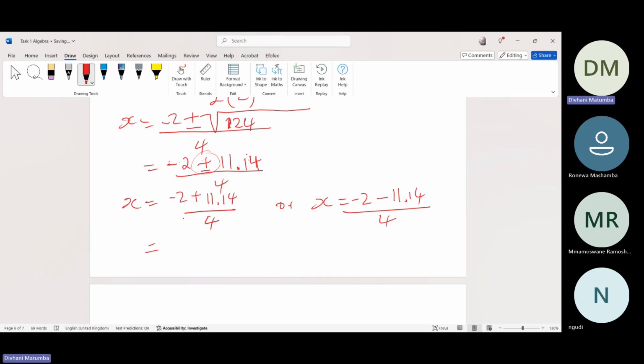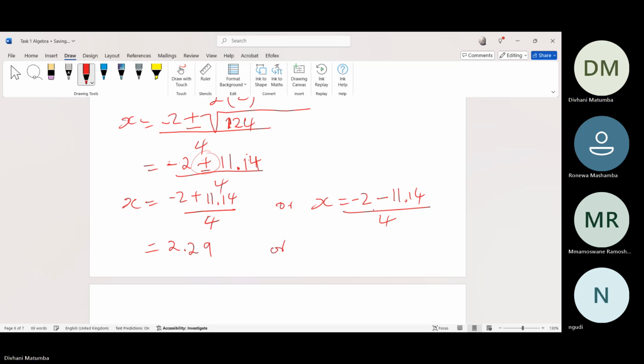What do we get? Minus 2 plus 11.14 divided by 4. My calculator is very slow. This will give us 2.29, I think.